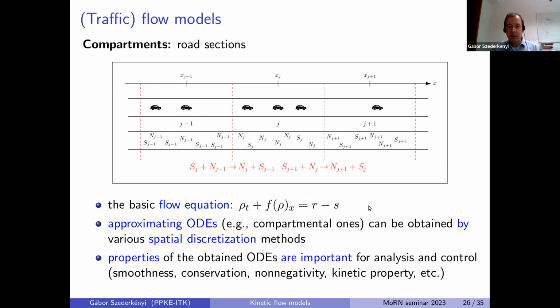Okay, some words about the application to flow models or traffic flow models. For such models, we divide the road into sections, and the molecules will be the vehicles, and also we can measure or estimate the amount of free space.